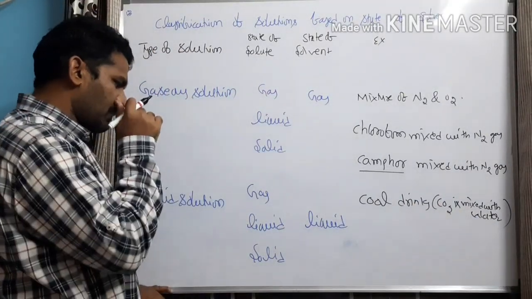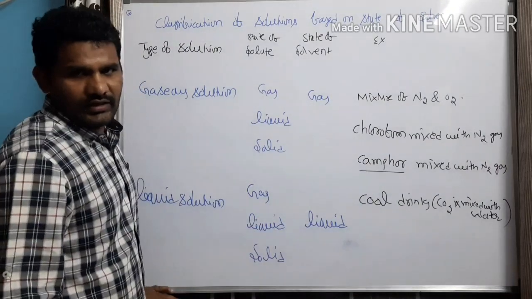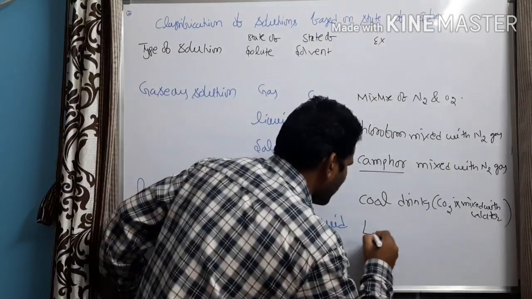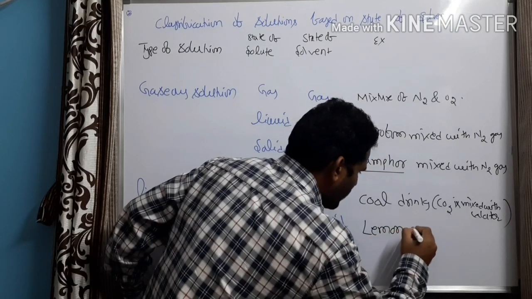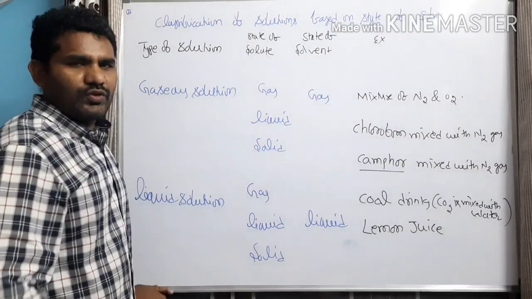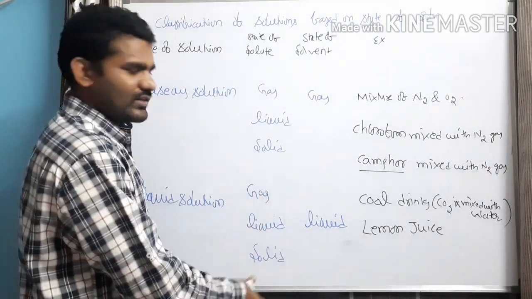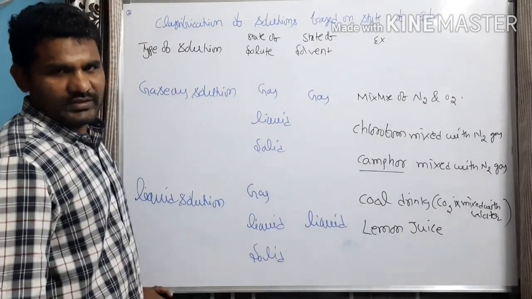Now let us consider an example for liquid solution where solute and solvent are in liquid state. Example is lemon juice. In case of lemon juice, when you squeeze the lime, we get the lime water. That lime water is present in liquid state and water is also present in liquid state.